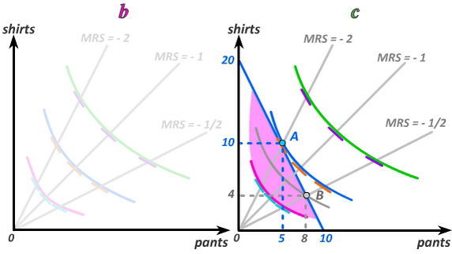We now know that at the optimum, it has to be the case that my marginal rate of substitution also has to be equal to -2, which is why point A lies on the ray from the origin on which all of my marginal rates of substitution are equal to -2, given that we've assumed that I have homothetic tastes. So at the optimum, the marginal rate of substitution is exactly equal to the slope of the budget constraint.